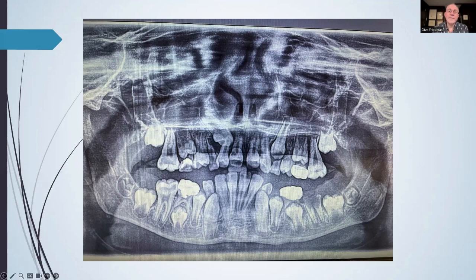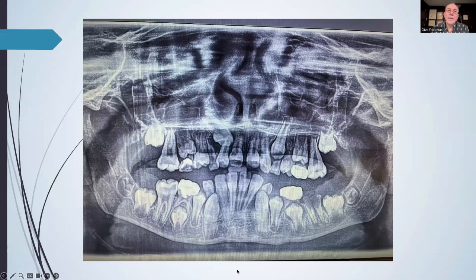This particular individual also had some issues with swallowing and tongue thrusts, but would need fairly extensive treatment. Now, the issue then becomes, what do we do and how do we take care of this individual?